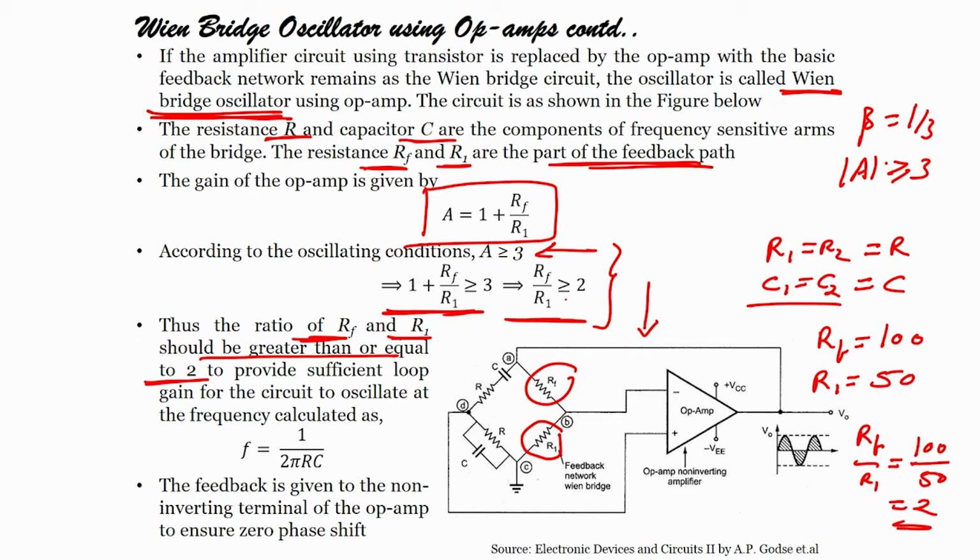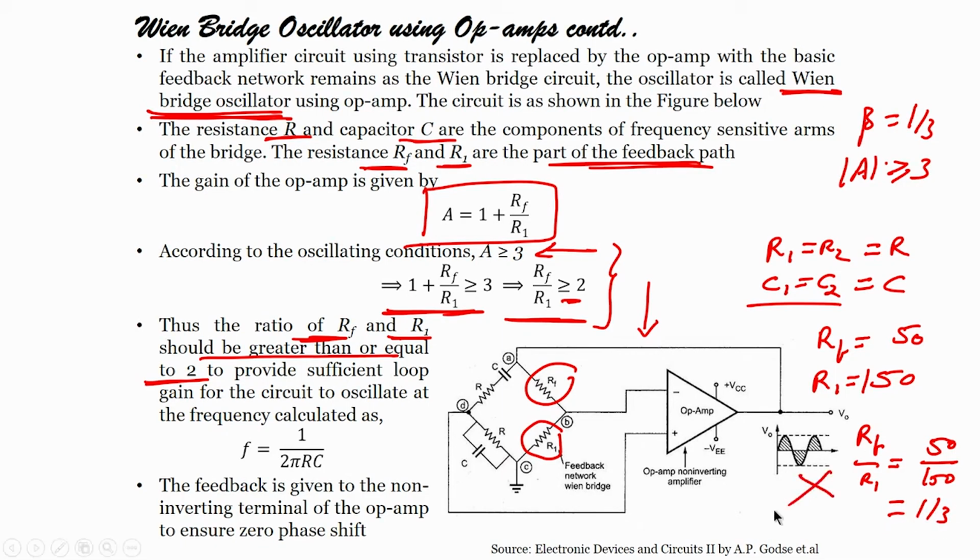So it can be greater than or equal to 2, and this condition would be satisfied. RF can also be 150, then RF by R1 equals 3, which is greater than 2, so the condition is still satisfied. But it should not be reversed, like RF equal to 50 and R1 equal to 150, because then the value would be 50 by 150, which is 1 by 3.